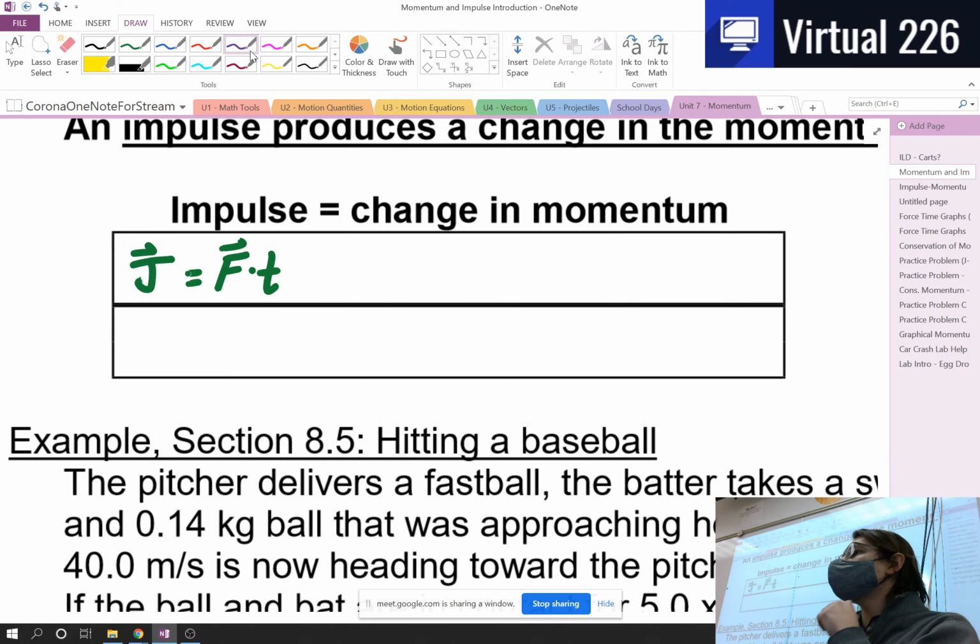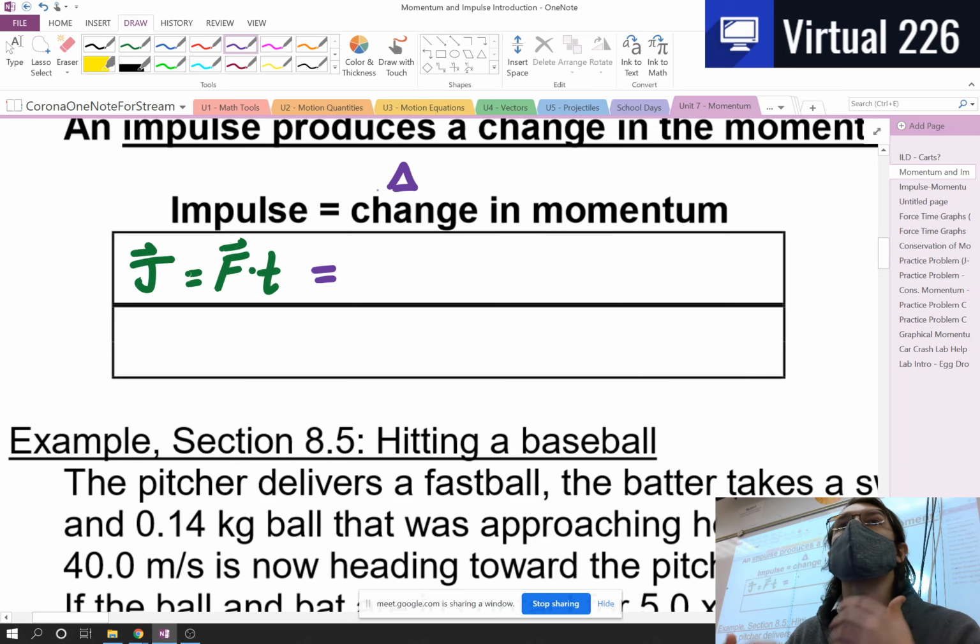But if the impulse is equal to a change in momentum, this also has to be equal to a change, which, if you recall, we use the triangle, the delta symbol, to represent a change in something or a difference. So this is a change in momentum.